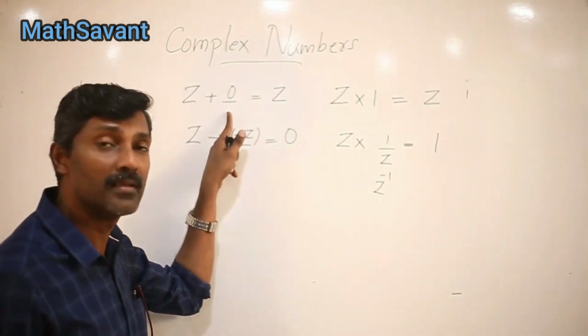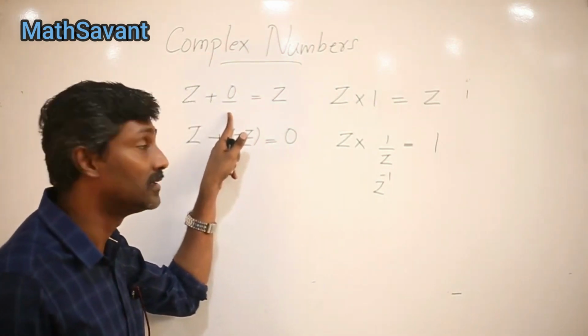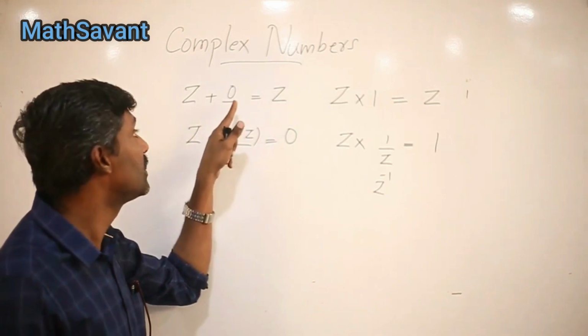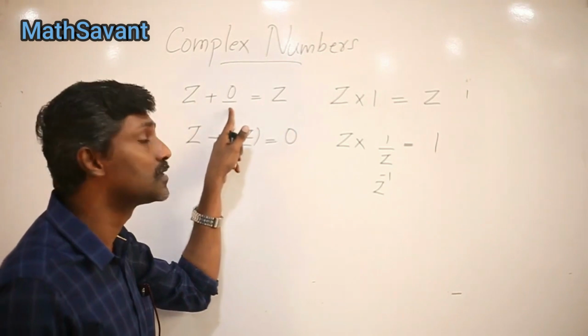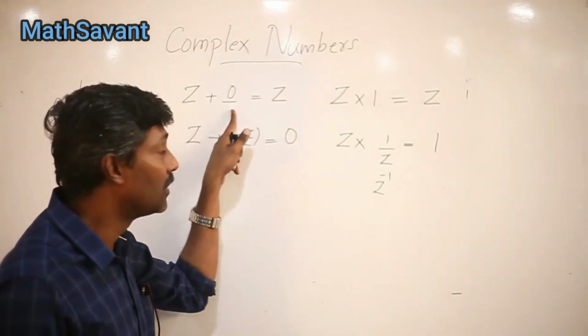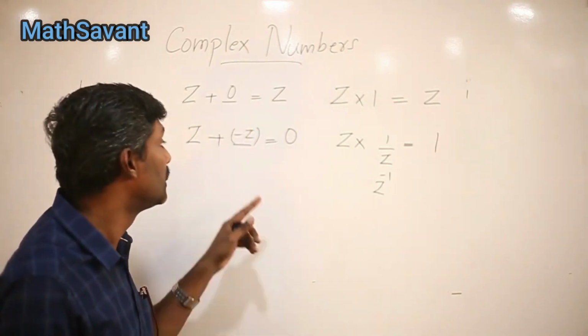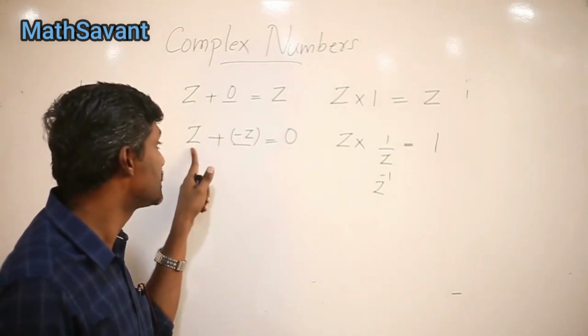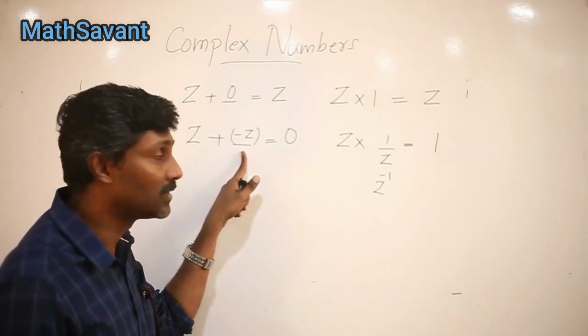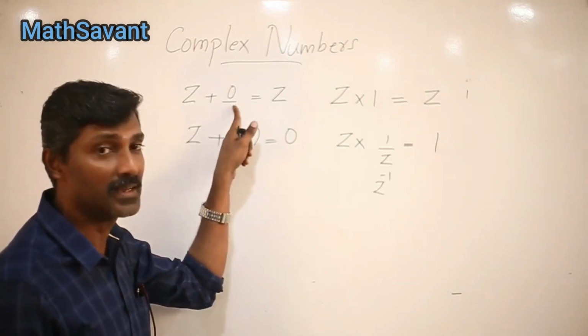So let's come back again. What is the additive identity of a complex number Z? It is 0, because when we add 0 to the complex number Z, we get Z itself. And what is the additive inverse of Z? It is minus Z, because Z when added to minus Z gives you 0, which is the additive identity.